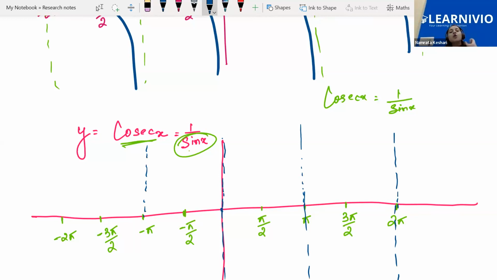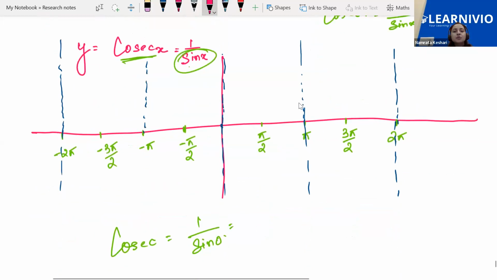Cos is 0 at odd multiples of pi by 2. Yes or no? Okay, let's make the graph of sine theta first. Then we will try finding the graph of cosec theta because cosec is related to sine.